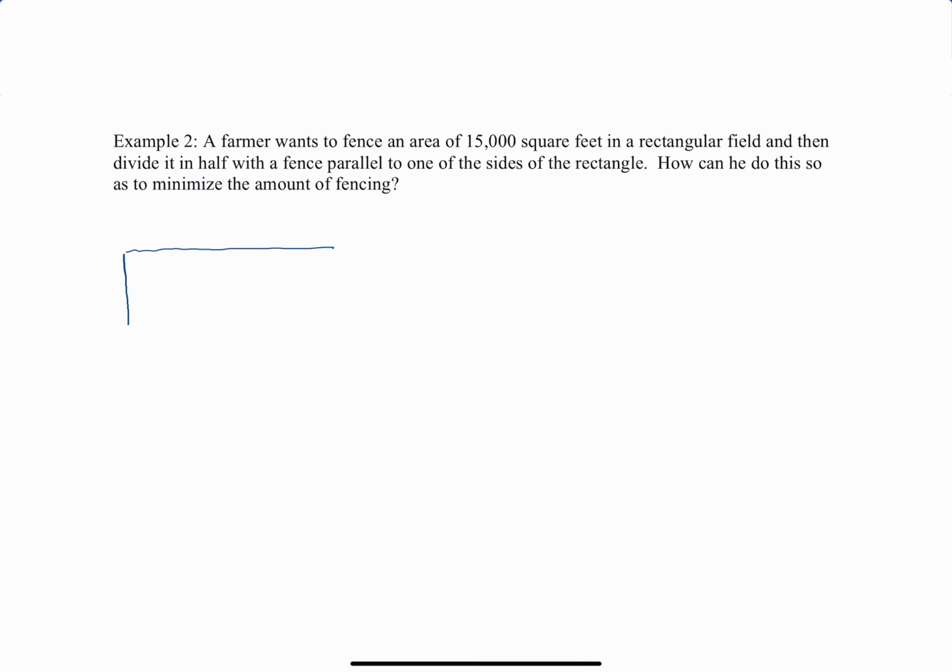Okay, so he wants to fence in a rectangular field whose area, I'll just call that A, whose area is 15,000 square feet. The thing we want to optimize, the function we need to set up to optimize, is in this question.